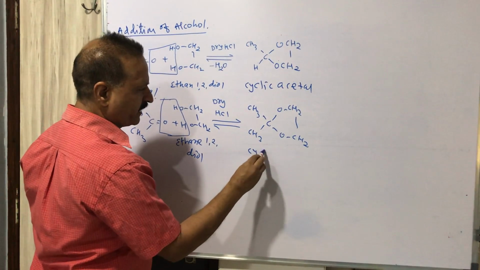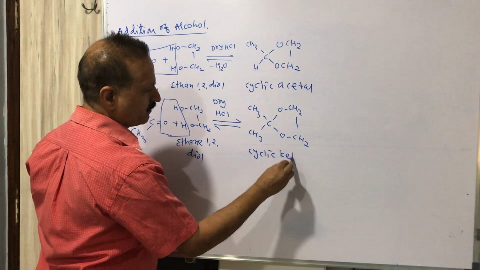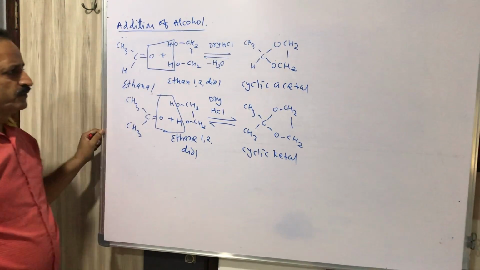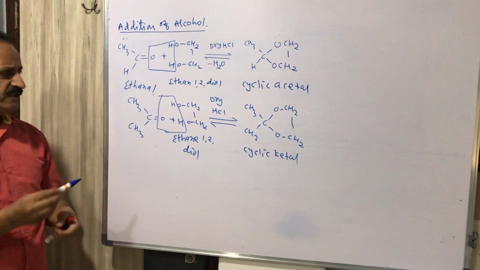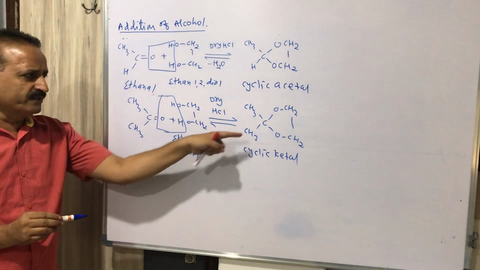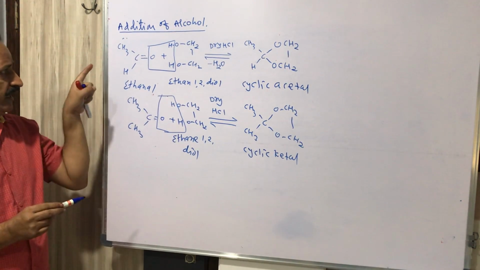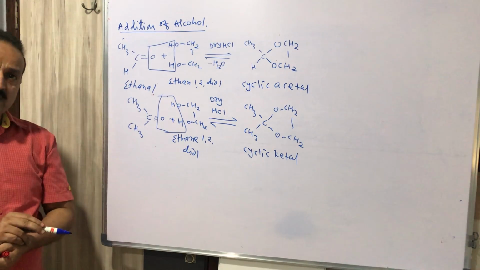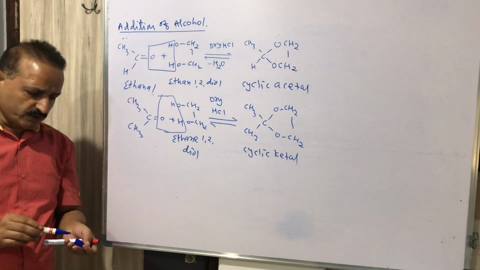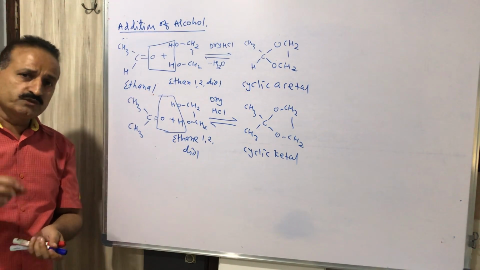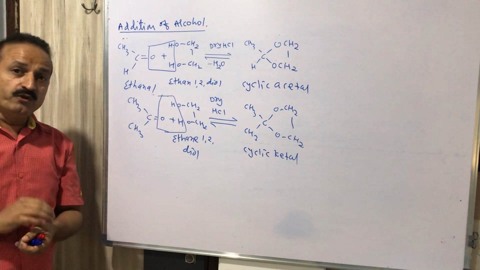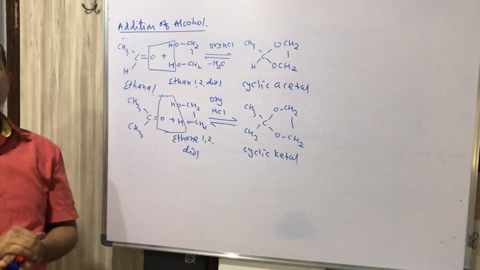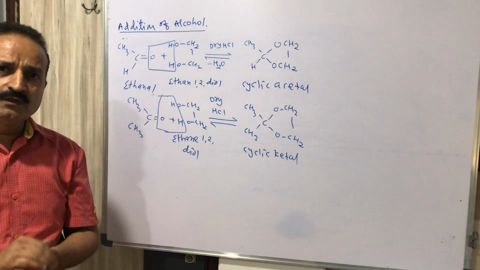This is a cyclic ketal. So when a ketone is taken we get a cyclic ketal, and when an aldehyde is taken we get a cyclic acetal. This is a very important reaction. Just repeat this video and you will definitely understand this reaction easily.